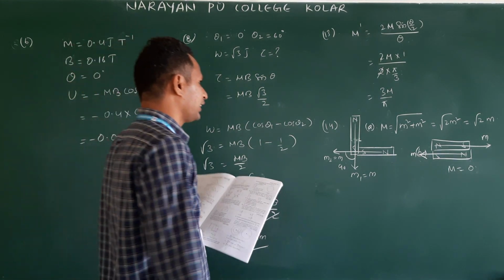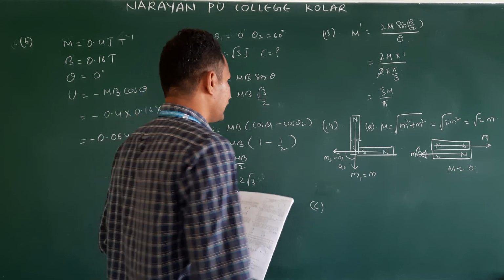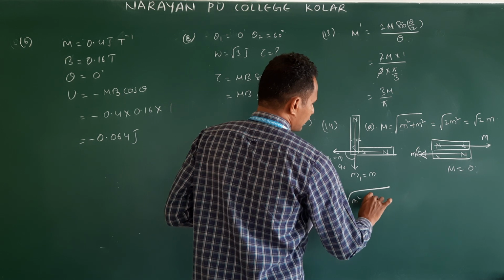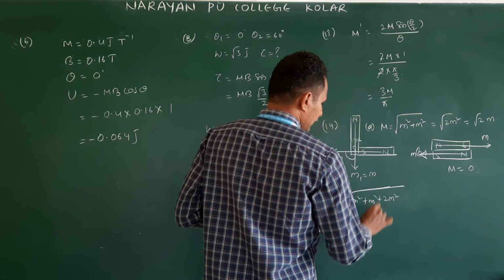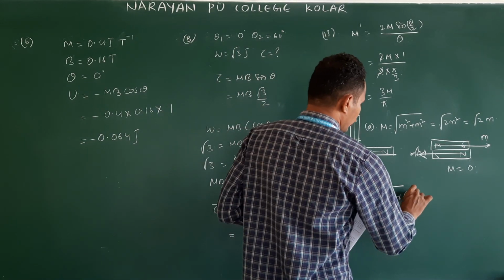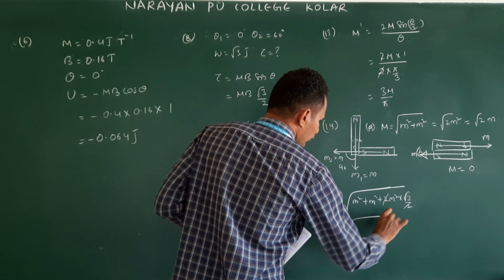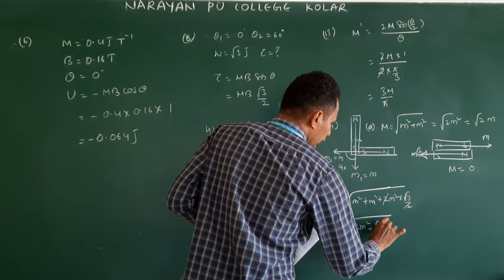Next configuration makes 30 degrees. What is the angle between the two magnetic moments? 30 degrees. Then the net magnetic moment is under root of M square plus M square plus 2M square cos 30. Cos 30 is root 3 by 2. The 2 cancels. This is under root of 2M square plus root 3 M square.